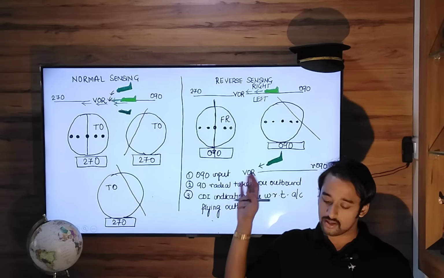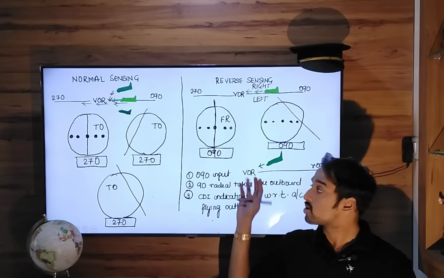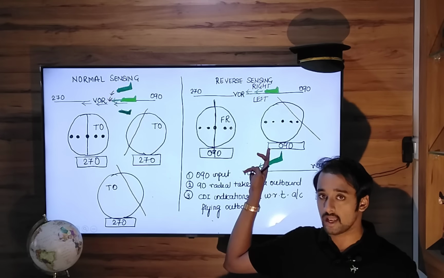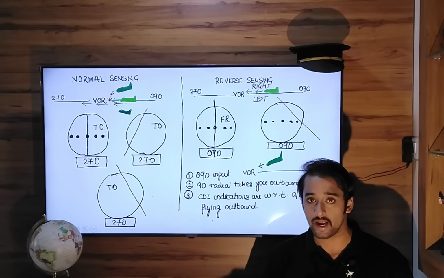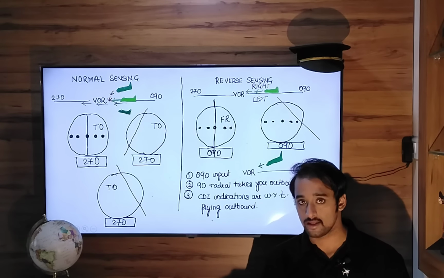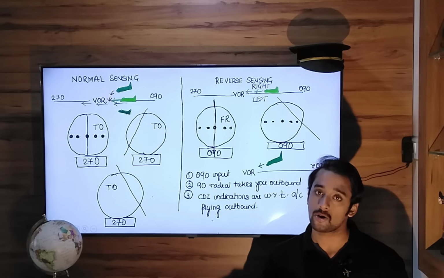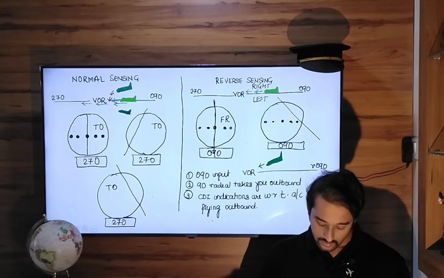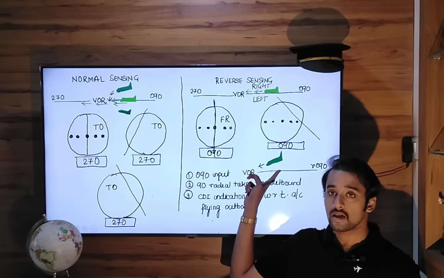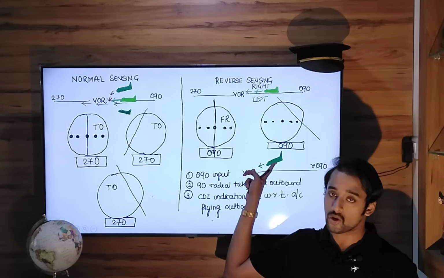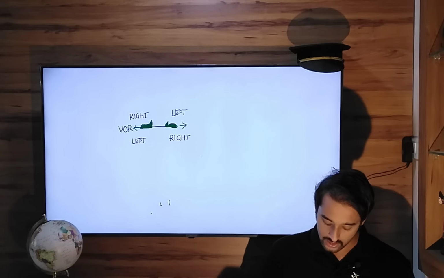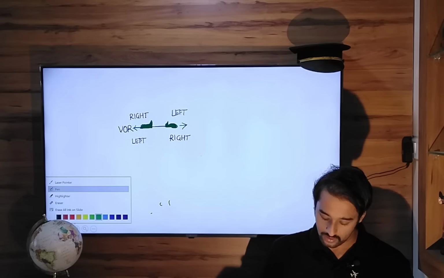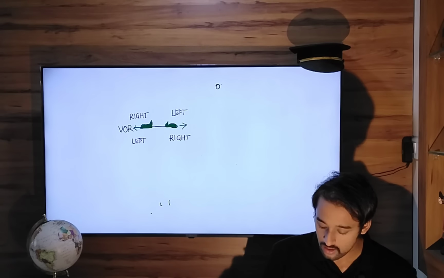So in this example that we are considering, we have put 090 in the OBS selector. And therefore the CDI indications will be with respect to that 090 radial, which is the outbound radial. So your aircraft is to the left of 090 radial, flying outbound.